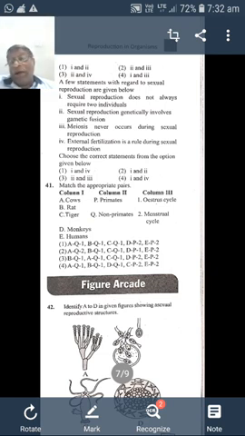Humans, primate, shows menstrual cycle. They exhibit the monthly cycle, what you call menstrual cycle.